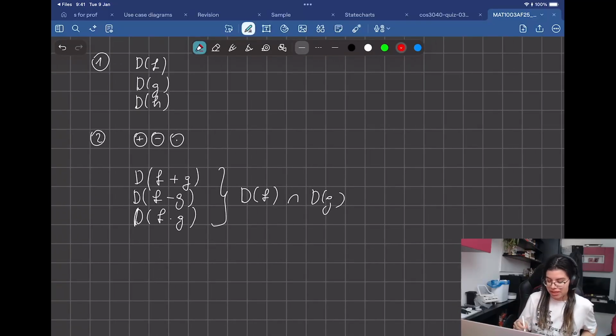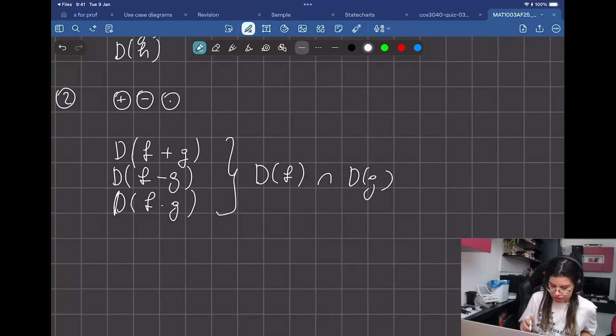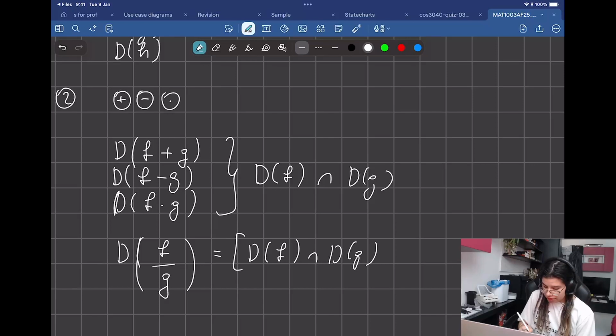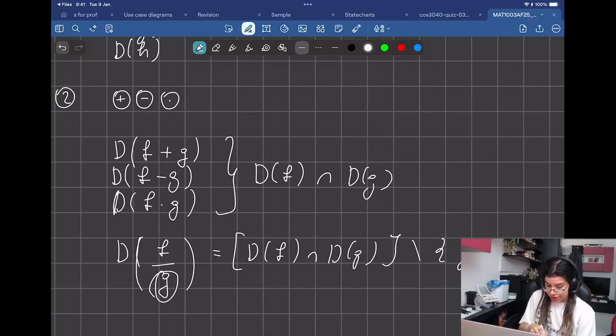And you're done, basically. Now, for the quotients, it's slightly different. There is an extra thing that you need to find. So for the quotient, for example, f over g, you start the same way. You have the intersection of the two, but from that intersection, you need to subtract the point or points where g, or whatever the function in the denominator, equals 0.